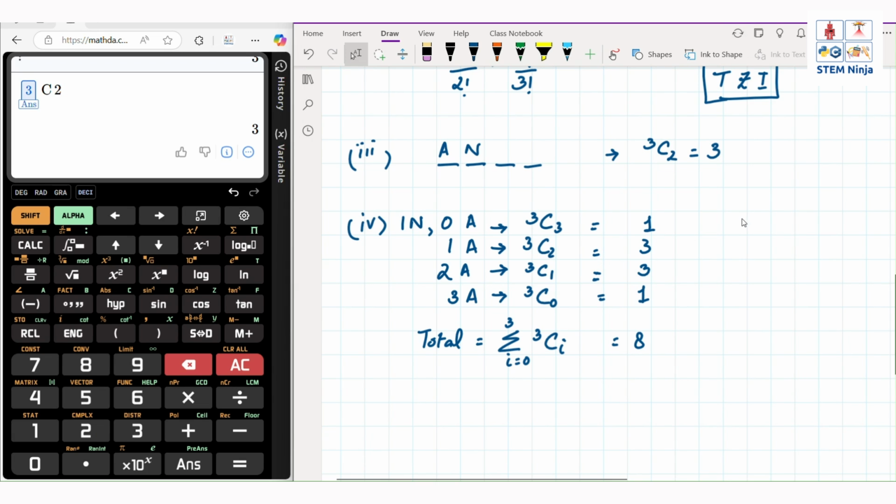So when you add all of these together, 1 plus 3 plus 3 plus 1, that is equal to 8.